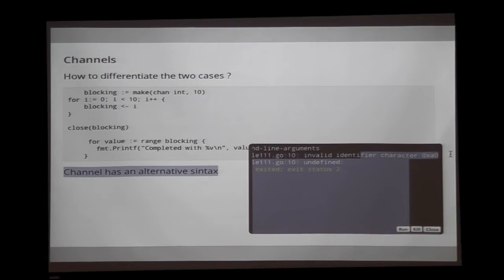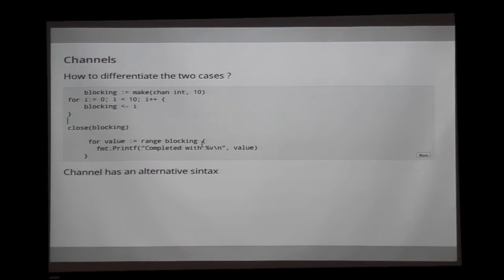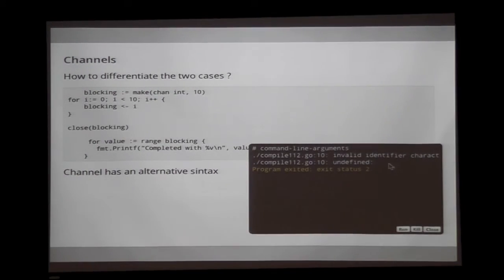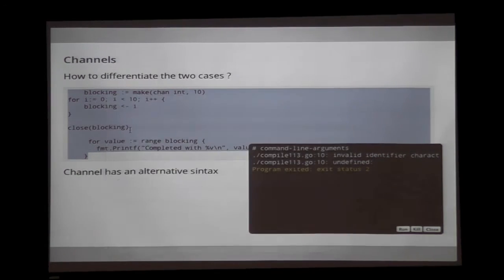Well, identified character. What am I doing wrong? Do you know which line 10 is? Go 10 undefined. I think maybe this one. Oh, maybe the error, if you cut and pasted the error.